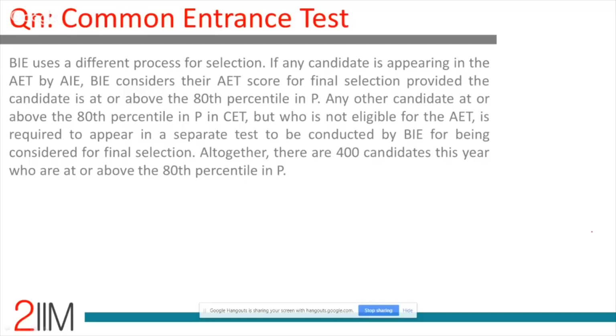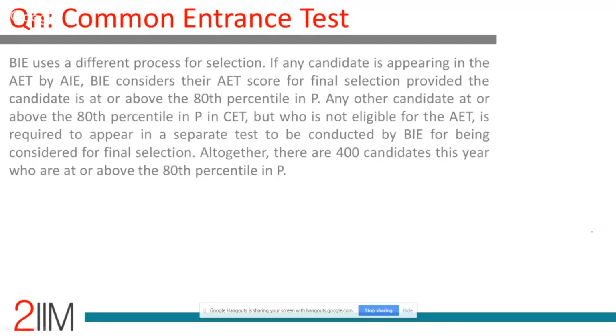Some of them are going to be selected based on the AET. So few of them who've got 80th percentile in P and at least 80 in at least two of the three and at least 90 overall would have automatically written the AET. So we take their score. The remaining who don't tick all these boxes but have got more than 80th percentile in P, we have to write this BIE exam.